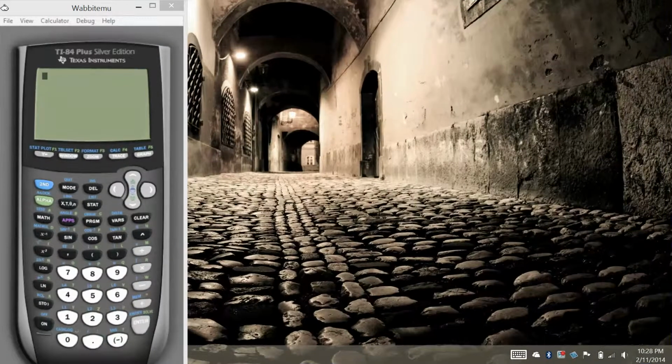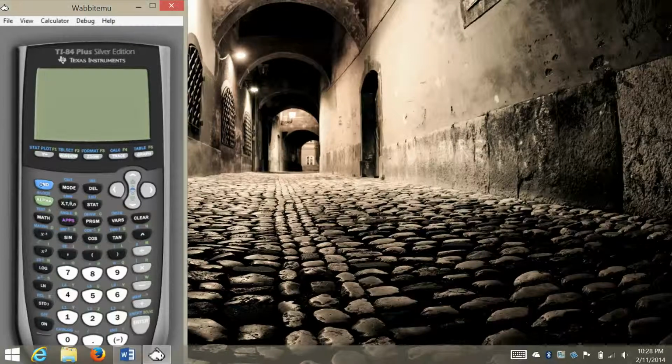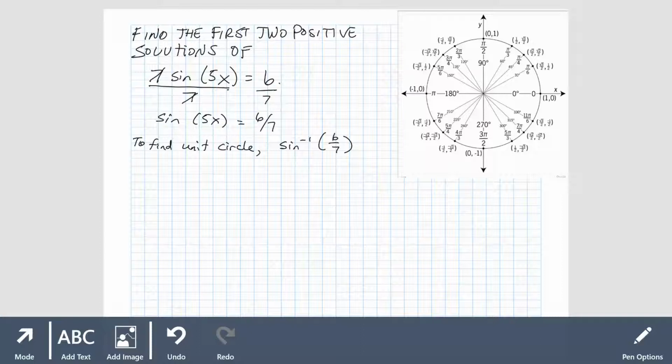So I'm going to go to my calculator to do that. Again, please make sure that your calculator is in radians mode. And then once you're there, we can go ahead and use the inverse trig function. In this case, we were dealing with sine, so the inverse sine of 6/7. It's fine to just leave the fraction in there as long as you're inside parentheses on your calculator. If we hit enter here, we get 1.0297. Let's write that down.